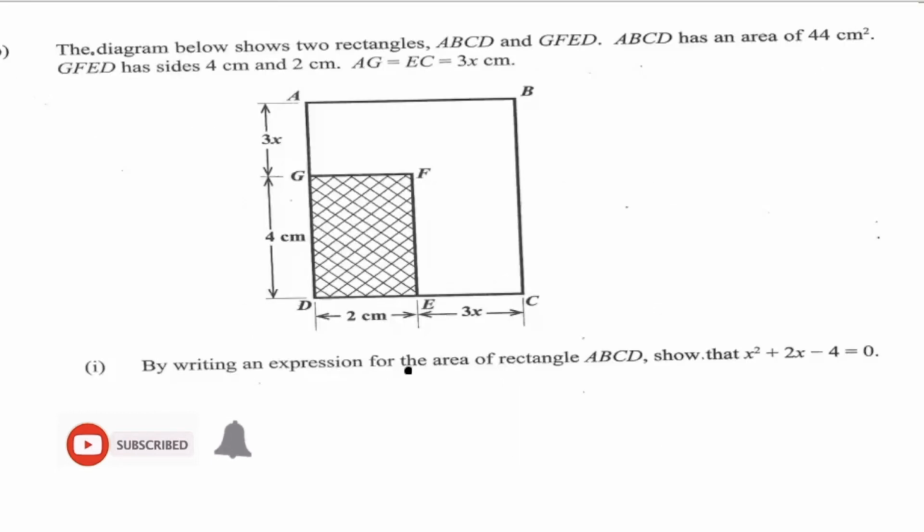By writing an expression for the area of the rectangle ABCD, show that it is x squared plus 2x minus 4 equals 0. So the area of a rectangle is AB times BC.